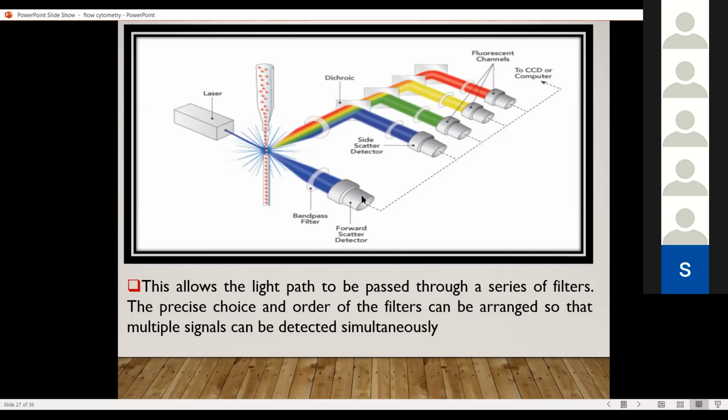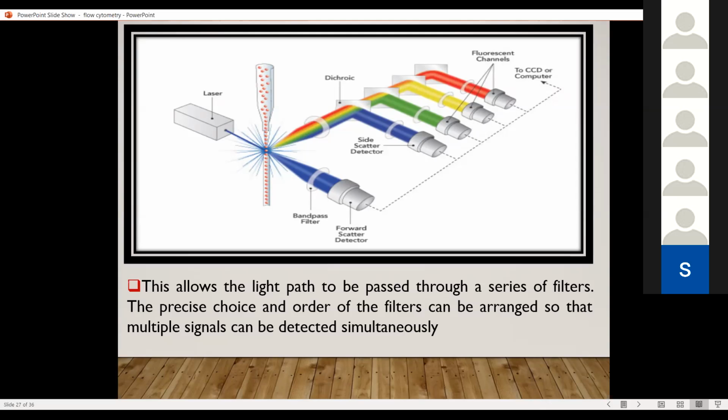Now these fluorescent channels and detectors will combine the data and send it to the computer system so that we can analyze the different subpopulations present in the heterogeneous population we want to analyze. So this allows the light path to be passed through a series of filters.